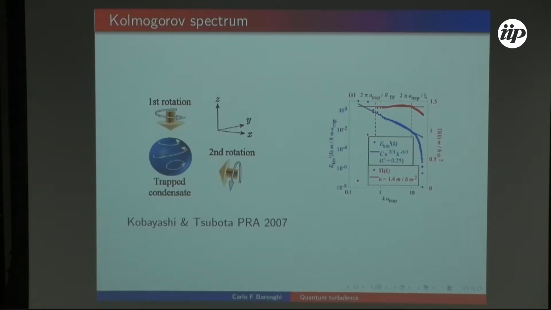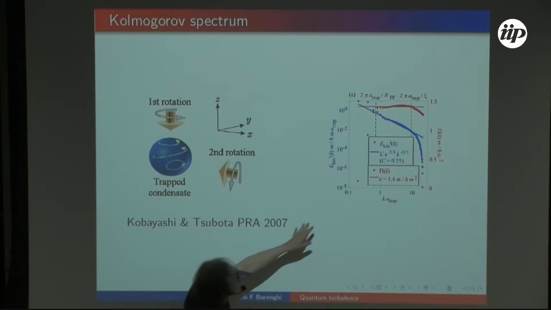Now, the Kolmogorov spectrum, as I said, can be obtained using the Gross-Pitaevskii model, and there is this idea of producing it in a condensate by rotating the trap about 2 axes. So this is not now a periodic system, it is actually a confined system. And essentially, it is what people could perhaps try to do in experiments with atomic condensates.